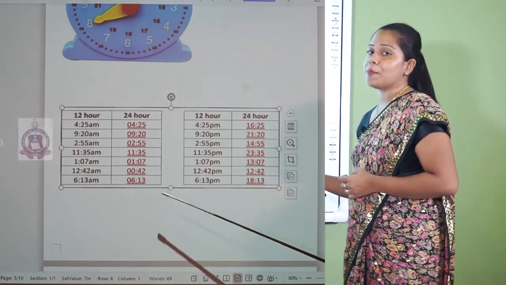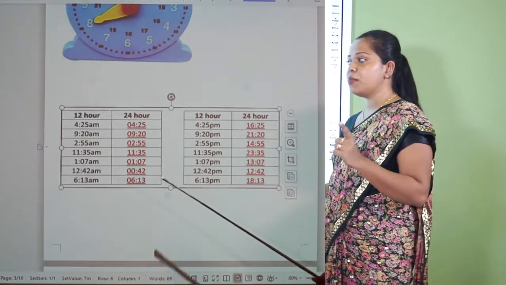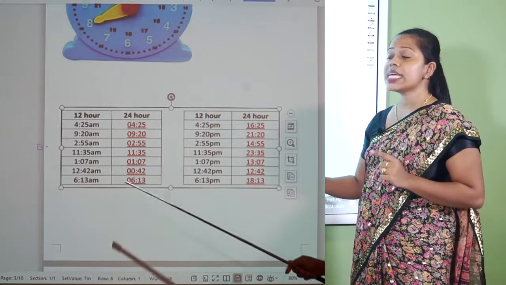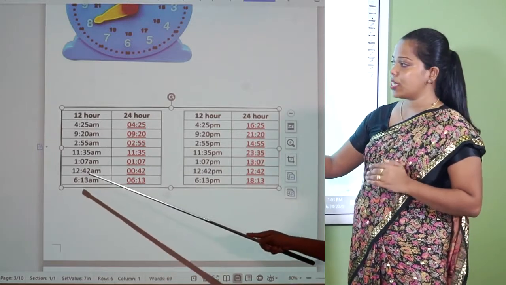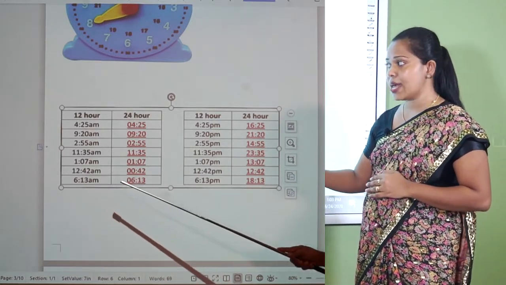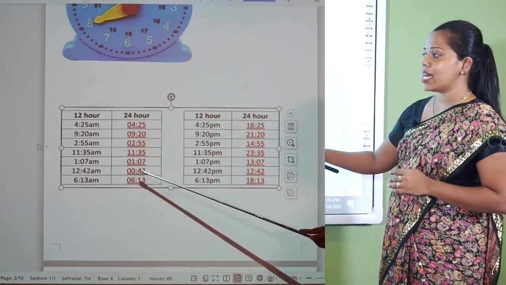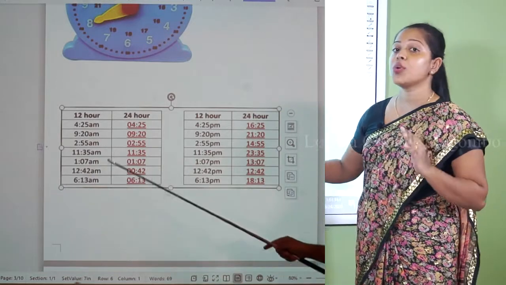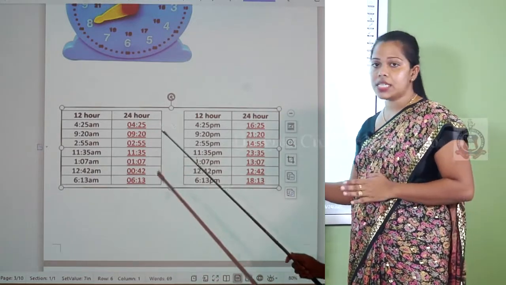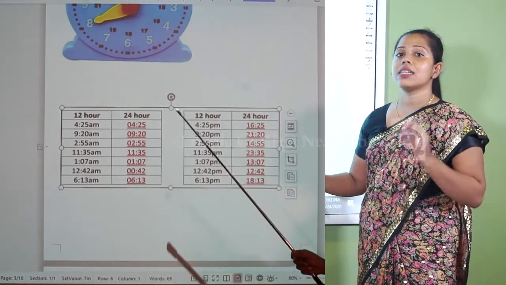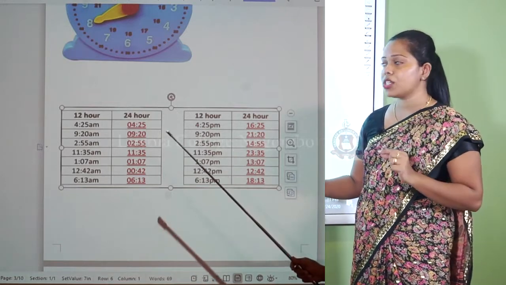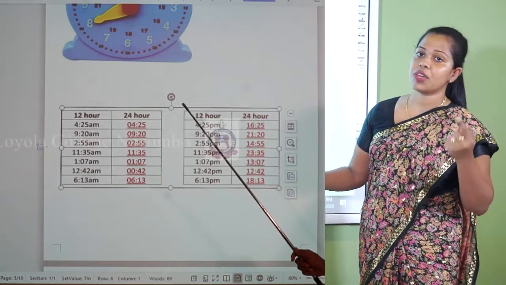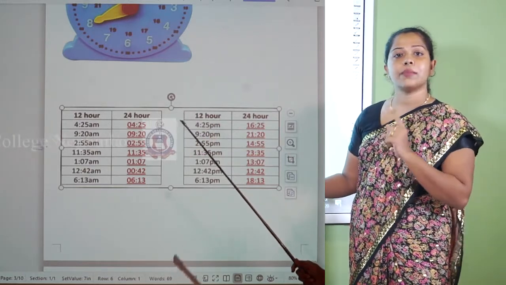12:42 AM. Now I told you from 12 midnight to 11 in the morning we use AM. So here, though it is 12:42 AM, we are not going to write it as 12:42, because 12 midnight in digital time we write as 00:00. 12 noon we write the same way, 12:00.